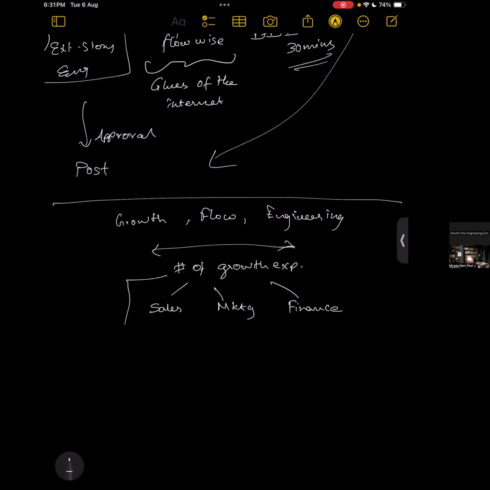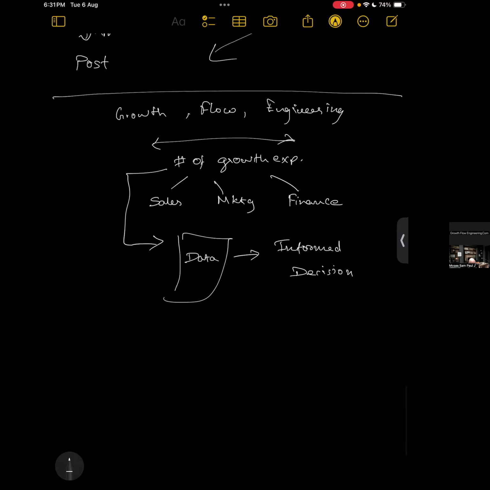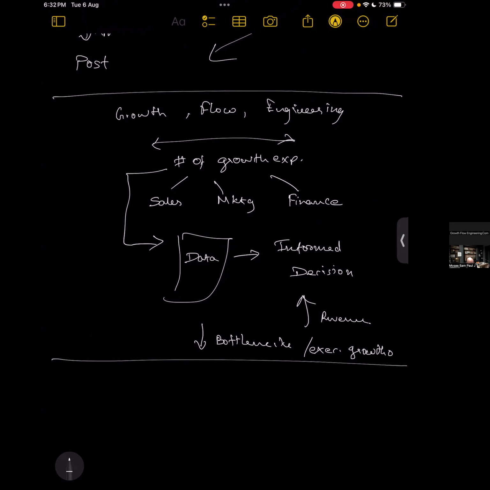The more experiments you run, the better data you will have, and you can conduct informed decision making, right? Now, this will lead to revenue growth, and this can remove all the bottlenecks in terms of executing growth ops.